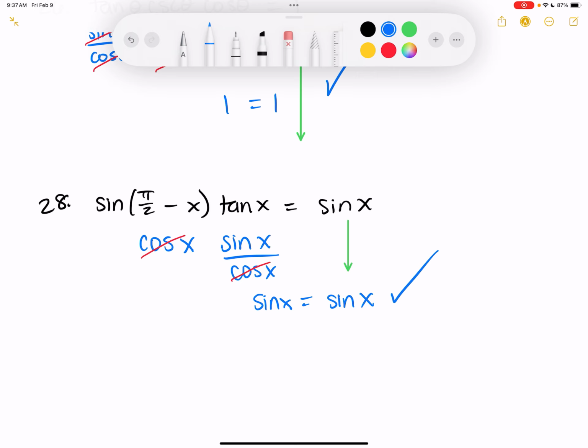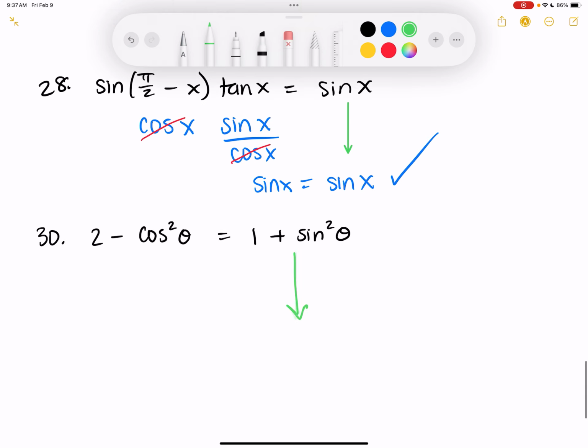Let's see. 30. 2 minus cosine squared theta is equal to 1 plus sine squared theta. Any ideas on this one? It's a little harder.